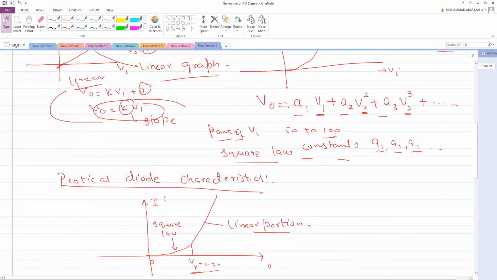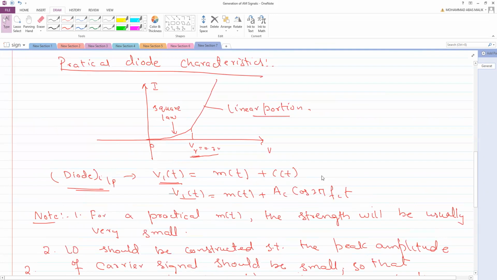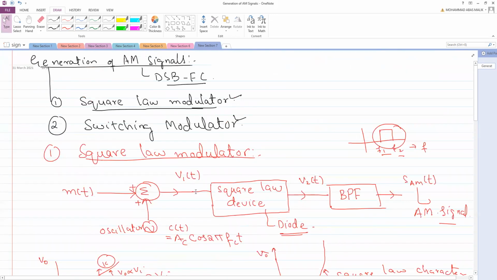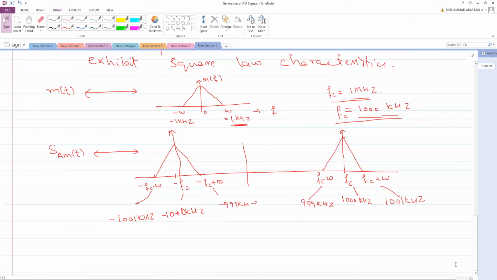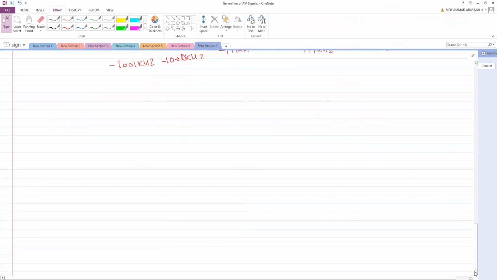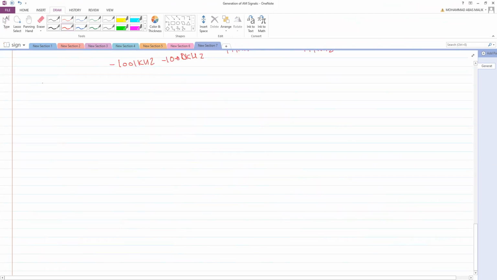Now, since we're done with V1 of t, and V1 of t is input to the SLD, that's the square law device, we will get V2 of t. That means the output of the SLD is V2 of t.